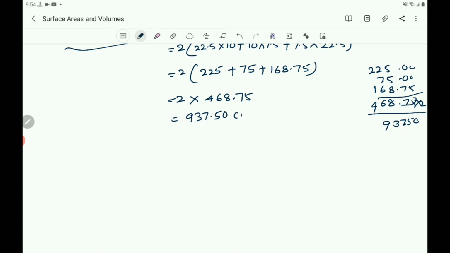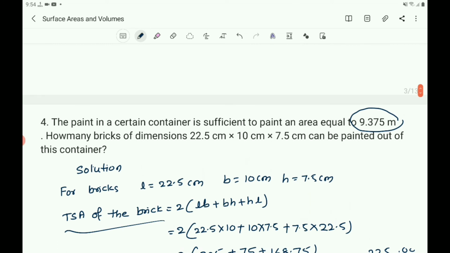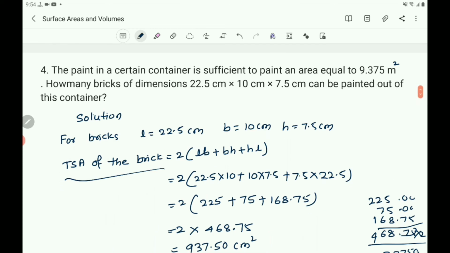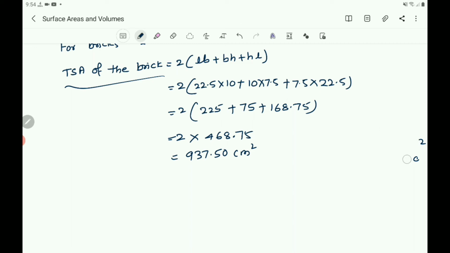That becomes 937.50 cm square. And to convert it into meter square, because the total area that can be painted by the paint in the container is 9.375 m square, you convert this into m square. You know that 100 centimeter equals 1 meter, and 100 cm into 100 cm equals 1 meter square.